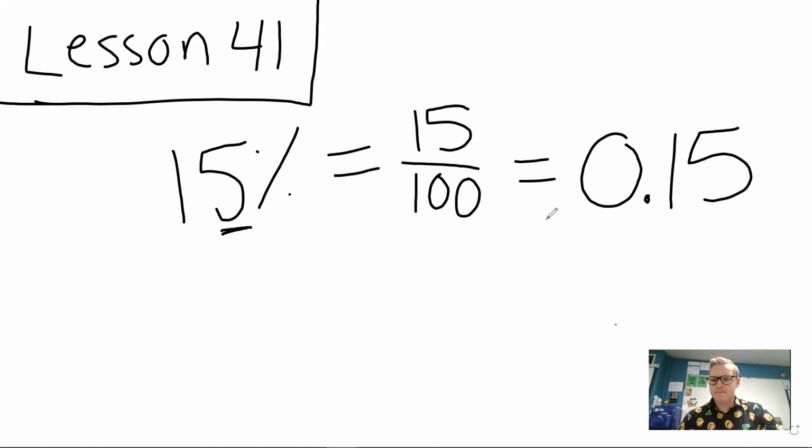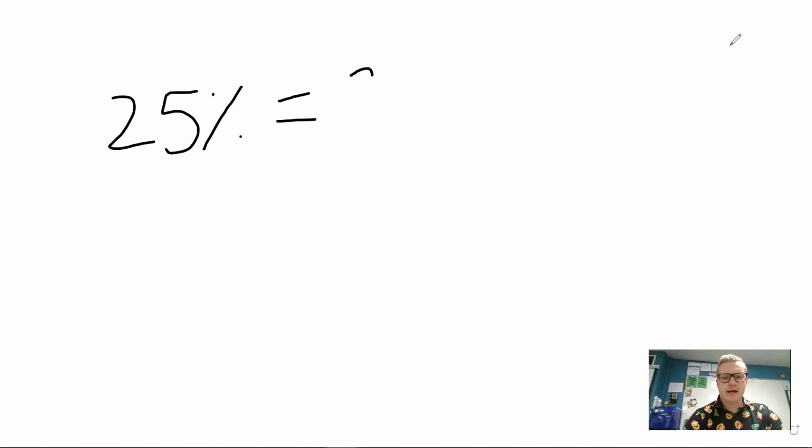Now, if I had another example similar to this, let's try out 25%. So writing that in fraction form, I would write it as 25 over 100.